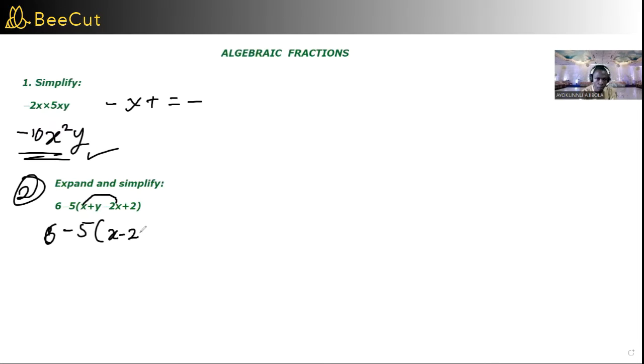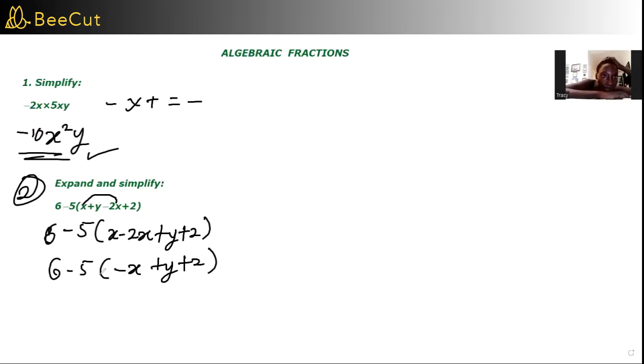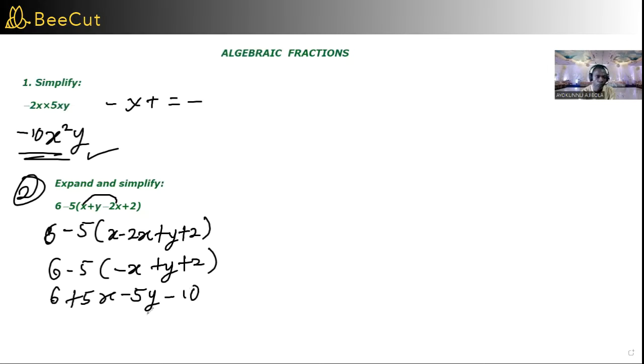So x minus 2x. Then this is y. Plus y plus 2. So I can see 6 minus 5 into x minus 2x is negative x, then plus y plus 2. Then the minus 5 opens the bracket. I have 6 plus 5x minus 5y minus 10.